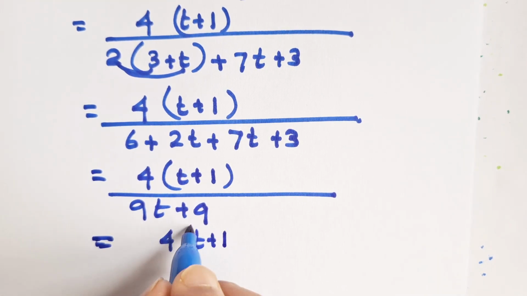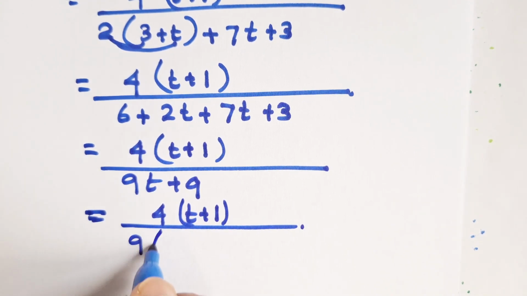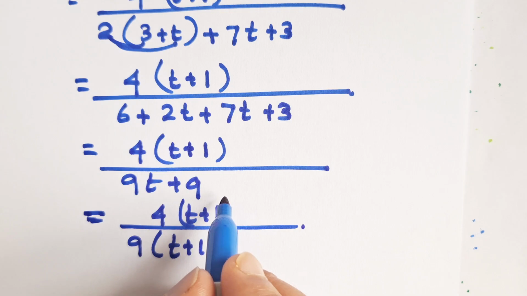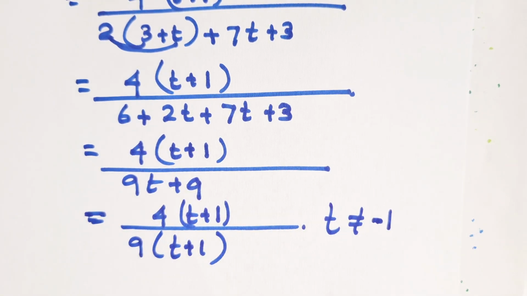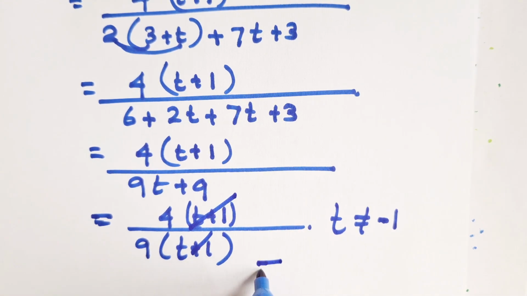Then 4 times (t plus 1). Here 9 is the common factor. I'm going to take out the common factor. Then we have t plus 1. So here t should not be equal to minus 1. Then t plus 1 is divided by t plus 1, so that our final answer is 4 over 9.